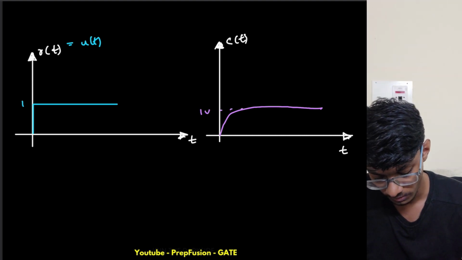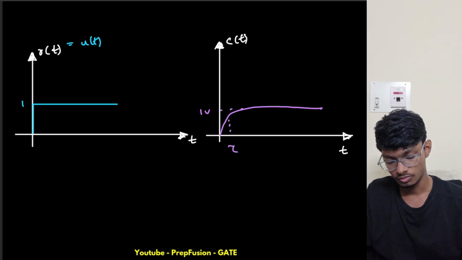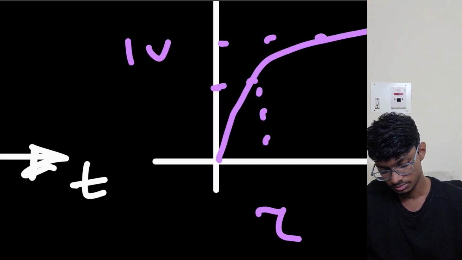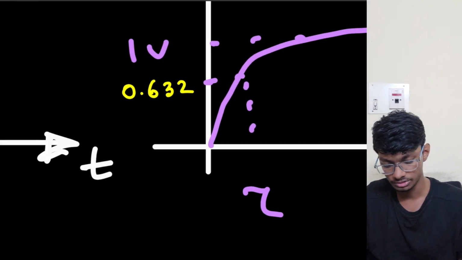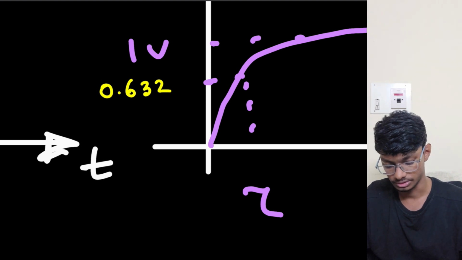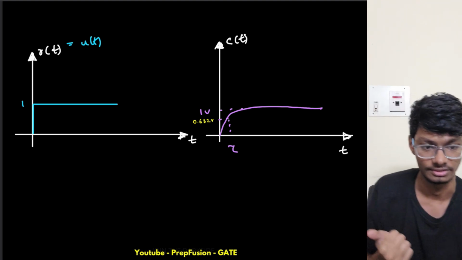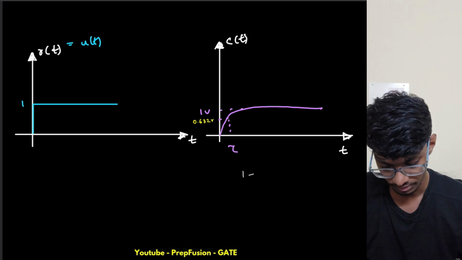Again I'm getting 1 over here, and at t equals tau the output is equal to 0.632 volts. That is known as the time constant for a first order circuit and a unit step input, for an LTI system basically. So this is the response of the unit step.